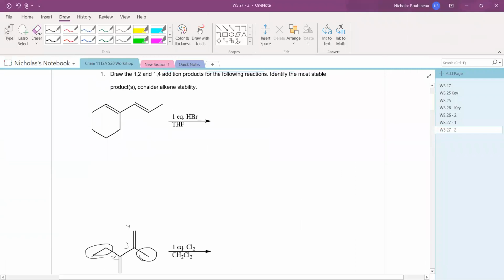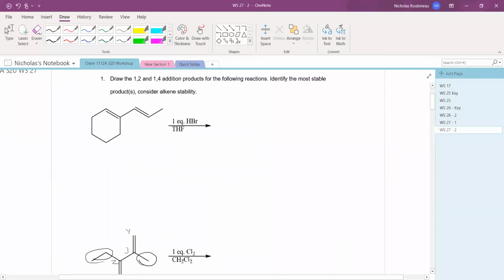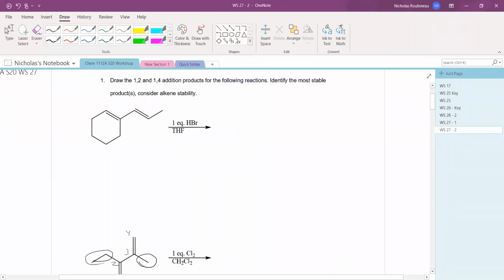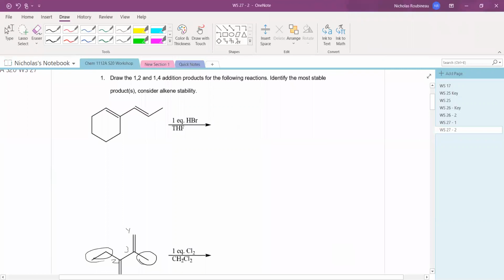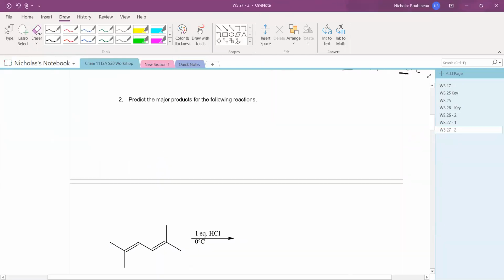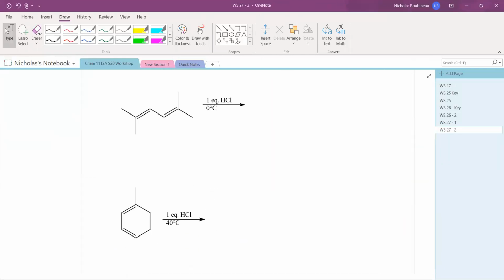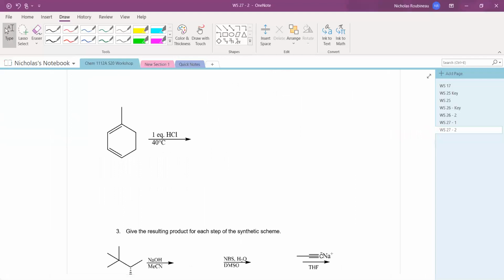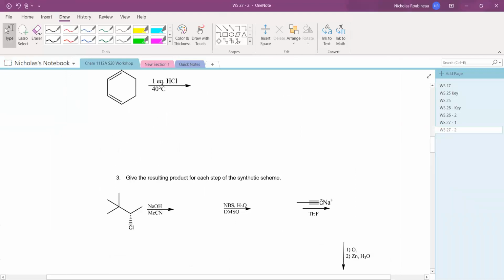So for anything where there's not substituents like a methyl group or a halogen, there's not going to be chiral centers, so we can just ignore these first two. And this, and this, because there's just no spots like that.